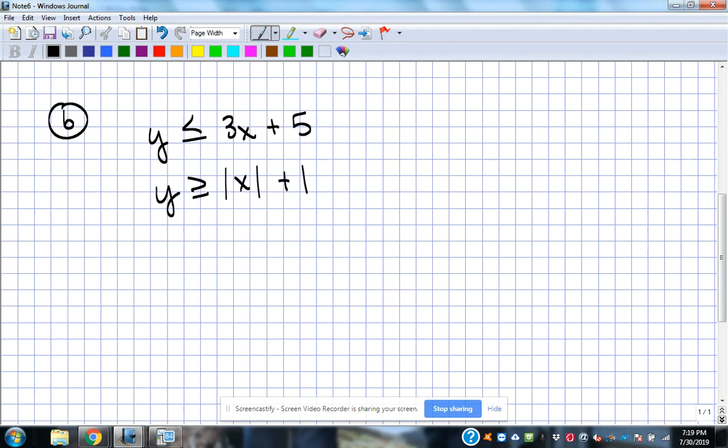So an absolute value function in there, and then a linear one. They both have equal to marks, so that means they're both going to be solid lines, so we don't have to worry about that so much.